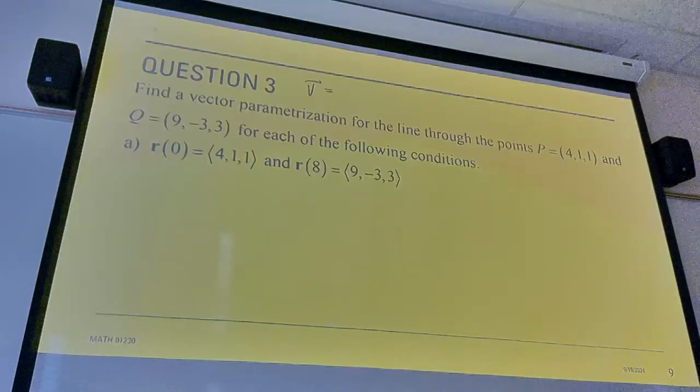Find the vector PQ. Which is what? (5, -4, 2).